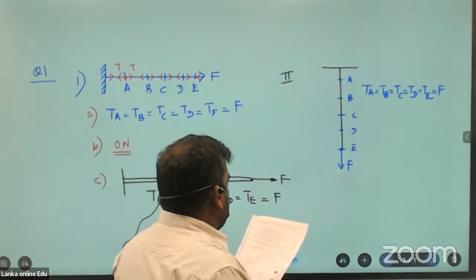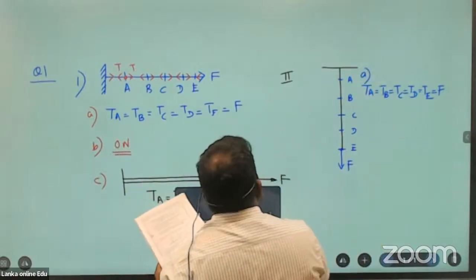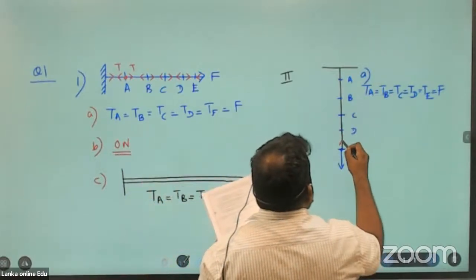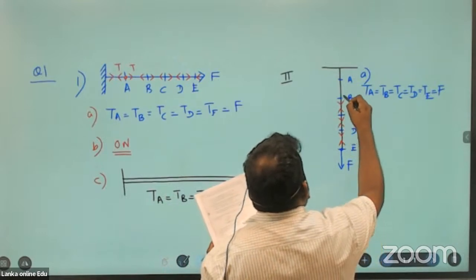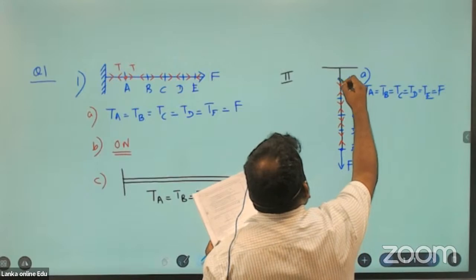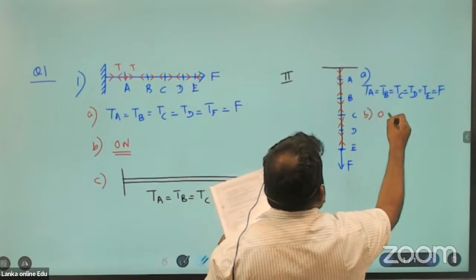The total force at each and every point will be 0 newtons.